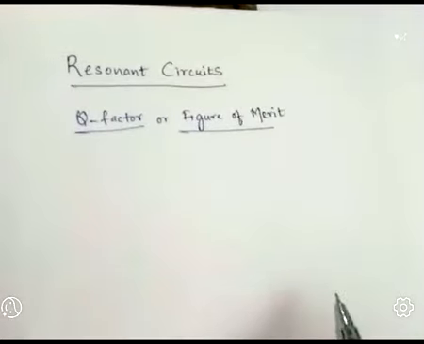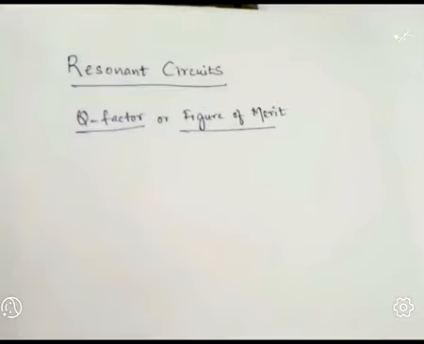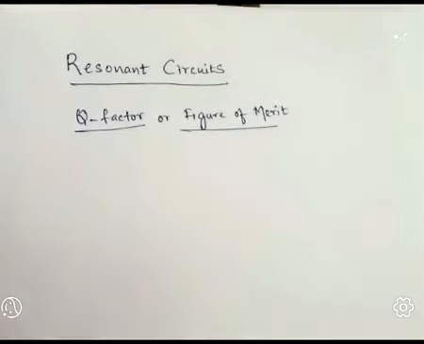It is also found that, comparing various inductors and capacitors in terms of efficiency while designing such circuits, efficiency is measured as a quality factor. So the efficiency of any circuit is measured in terms of quality factor. So how to define quality factor or figure of merit?